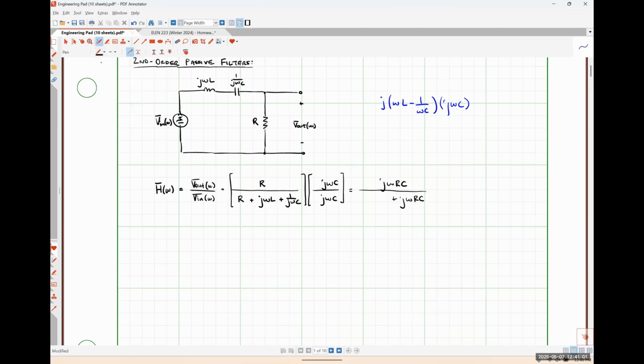And so what this is going to come out looking like is 1 minus omega squared LC.